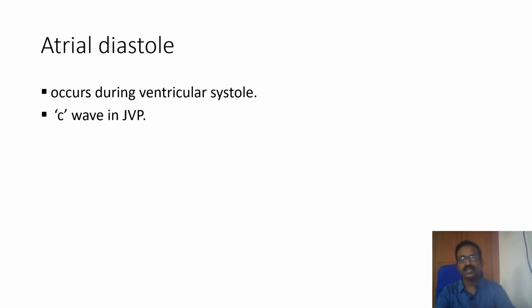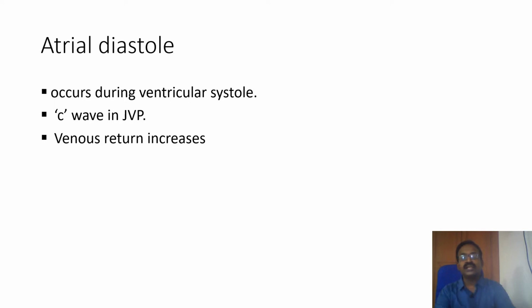So in the atrial diastole, the C wave is seen in the JVP due to the bulging of the atrioventricular valve into the atrium during the beginning of ventricular systole.